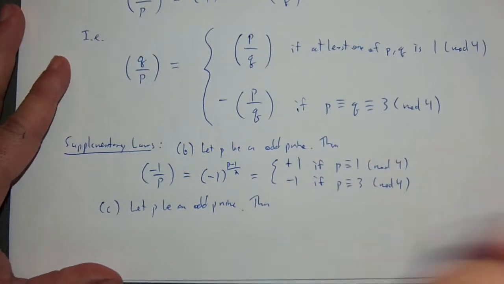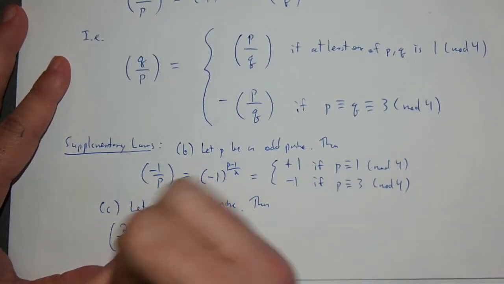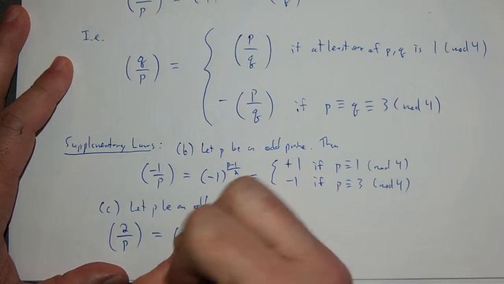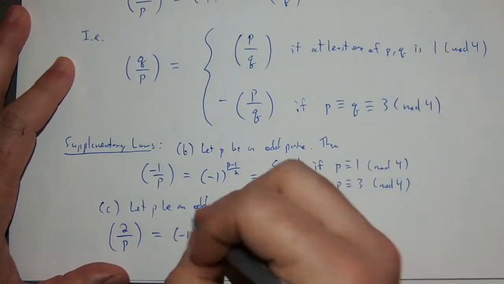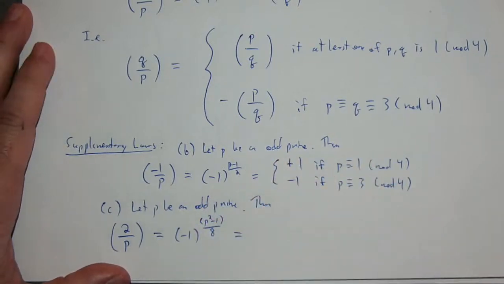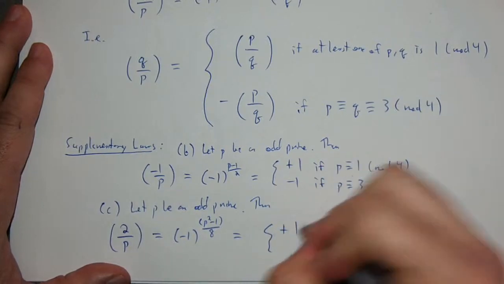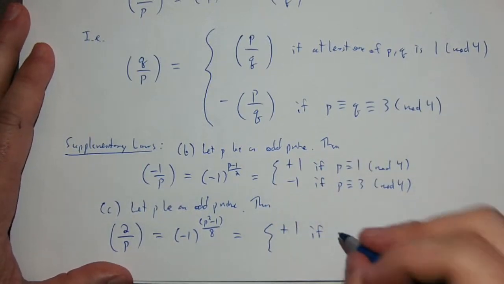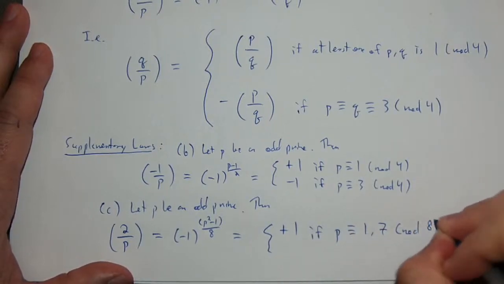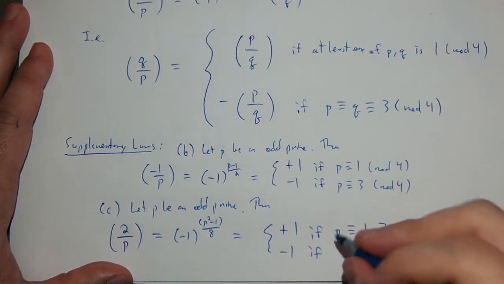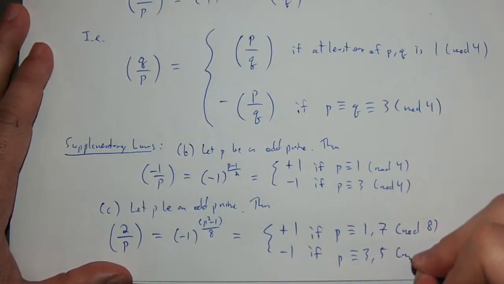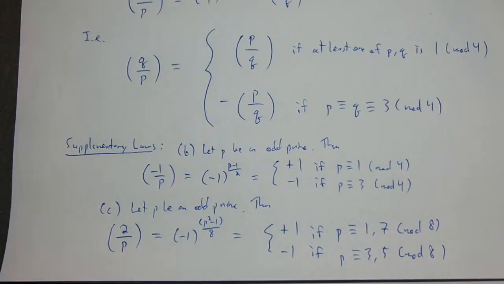So then 2 on P is minus 1 to the P squared minus 1 over 8, which is plus 1 if P is congruent to 1 or 7 mod 8, and minus 1 if P is congruent to 3 or 5 mod 8. For a prime P, those are the only possibilities.